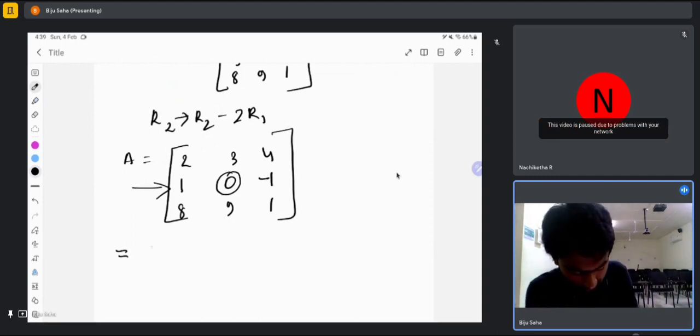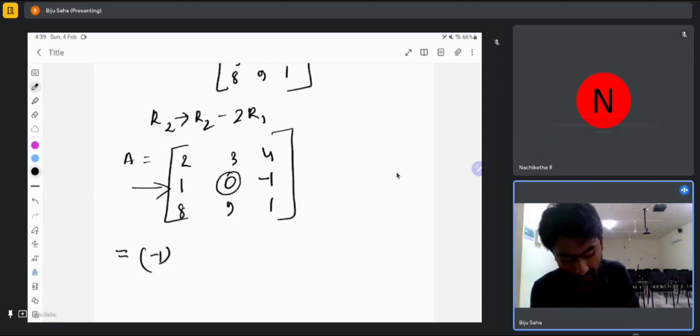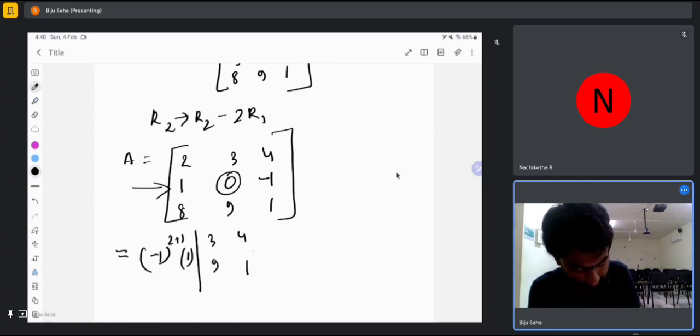So what you write is minus 1 to the power of 2 plus 1, since the 1 lies in the second row and the first column, and the element itself is 1, and you multiply with 3491, and then you don't have to bother about the 0.